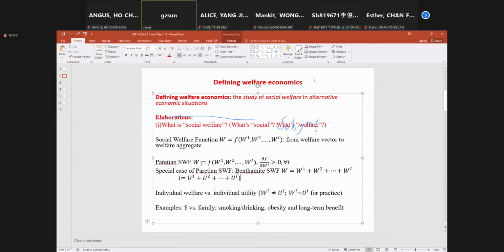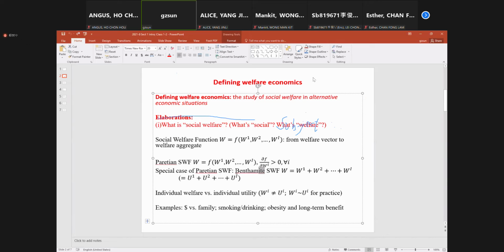So therefore, the social welfare will increase. So, you know, this is quite an intuitive idea. And a special case for this general Pareto social welfare function is given by a British economist, Jeremy Bentham. And now we call this ITE in memory of this economist.